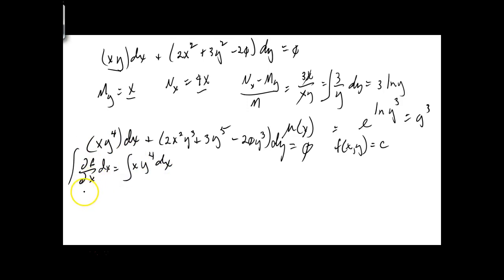This gives you f of x, y. And what does that give you? x squared y to the fourth over 2 plus g of y. Okay, I'll buy that. That's a g of y.